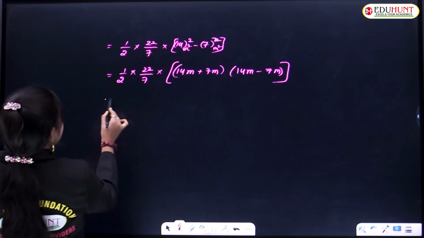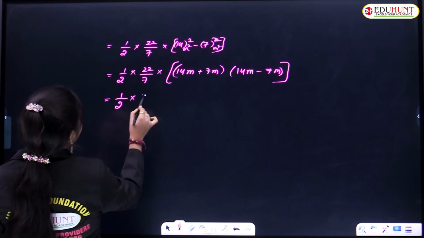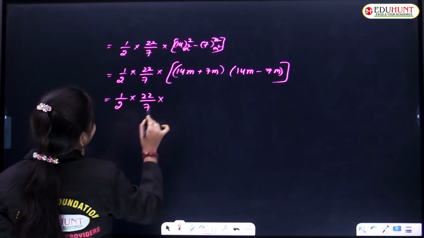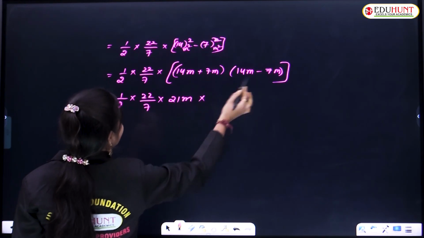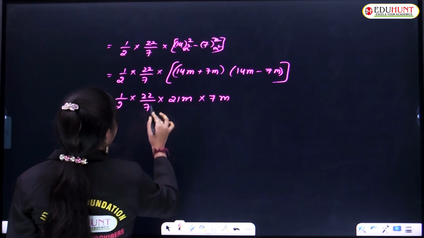From this, half into 22/7 into 14 plus 7, which is 21 meters, into 14 minus 7, 7 meters.